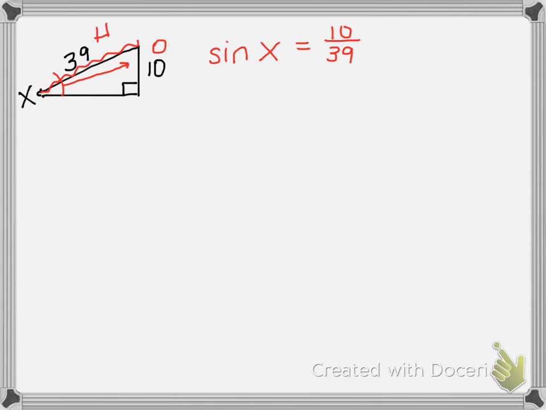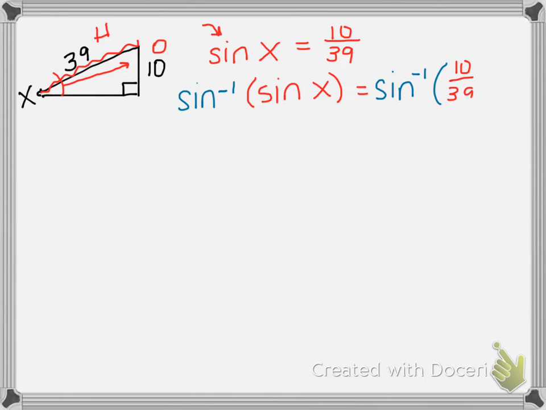Well, we're using the trig function of sine, so we need to use the inverse of sine on both sides. So we'll apply sine inverse to sine of X, and then we'll use the 10 over 39 in our sine inverse over here.